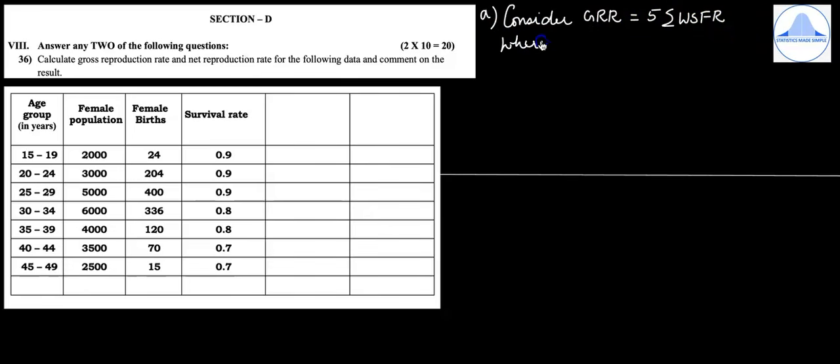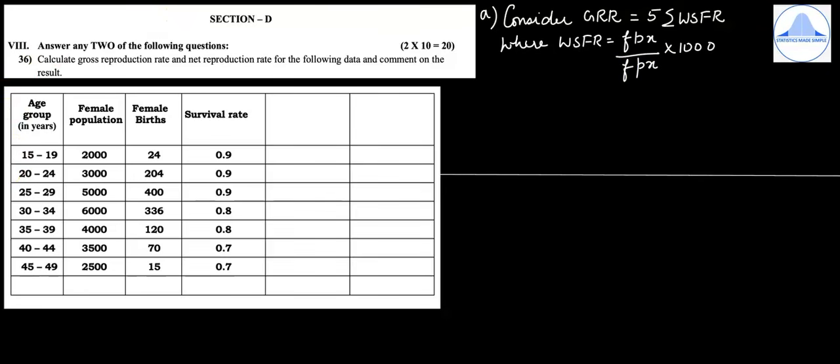In the next line you can write where WSFR is equal to FBX divided by FPX into 1000. FBX means female births in the age group X, and FPX means female population in the age group X.